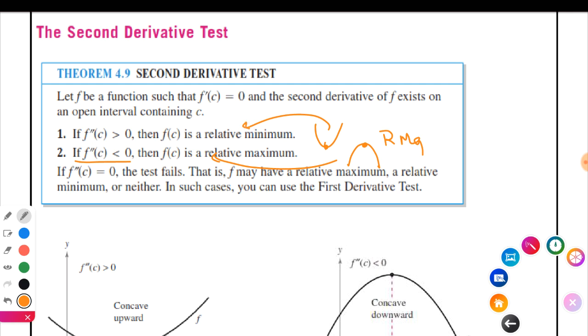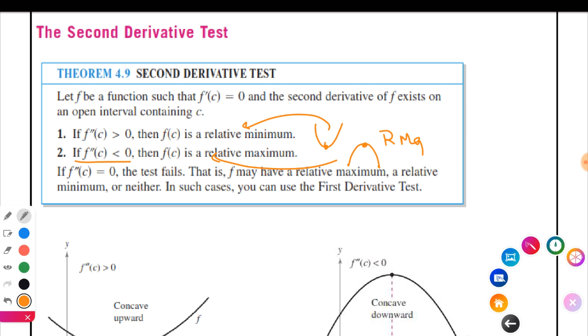If the second derivative at this value of x, such that the first derivative equals 0, is 0, the test fails. That is, f may have a relative maximum, a relative minimum, or neither. In such cases, you can use the first derivative test.